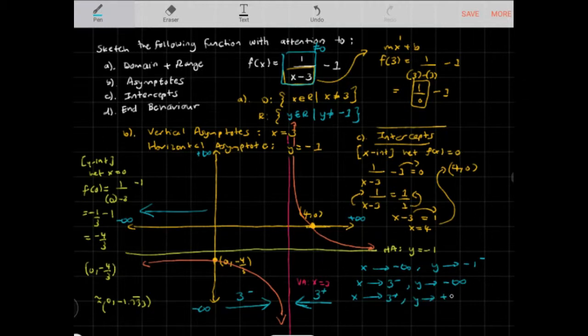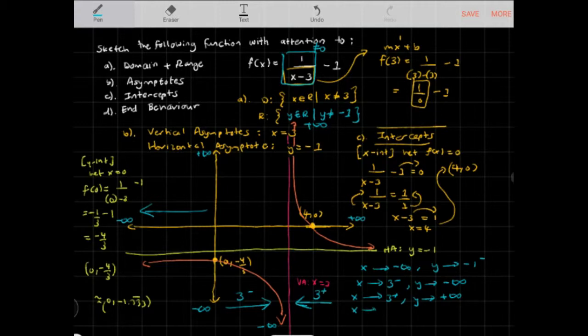So y approaches positive infinity. These are what we call end behavior. Usually around an asymptote, y will approach infinity. So if you approach a vertical asymptote, you're going to approach infinity. But as x approaches positive or negative infinity, y will approach a horizontal asymptote. This is very important to understand.